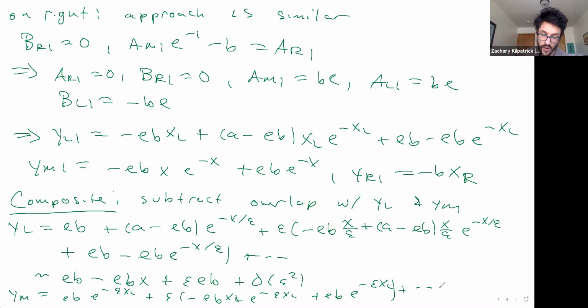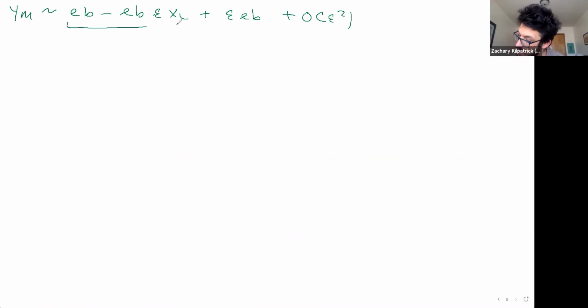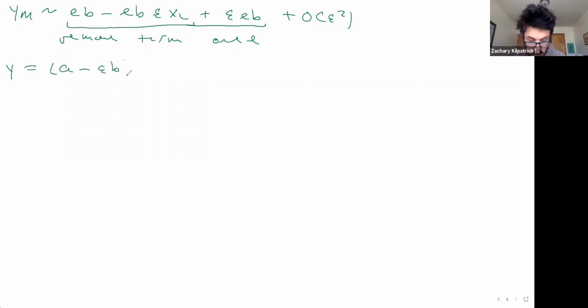And it's also going to have that same term showing up, okay? y_m is going to have EB minus EB epsilon x_L plus epsilon EB plus order epsilon squared, okay? So we essentially need to remove this whole term once, okay?